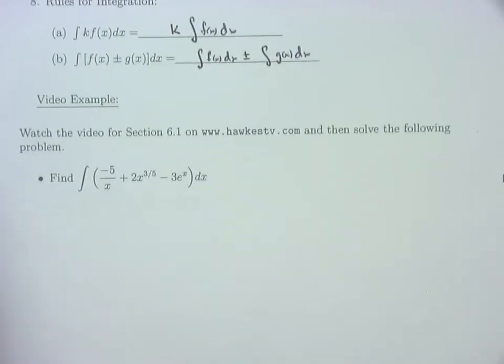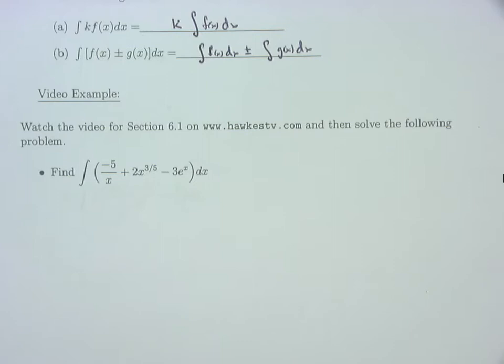Now, here we go. Let's take a look at this video example here from Hawks TV. Find the integral of negative 5 over x plus 2x to the 3/5 minus 3e to the x dx. Okay? So again, what we want to do is get you guys to be able to do this stuff in your head, but I'm going to write this out with the appropriate rules to remind you what you're supposed to do.